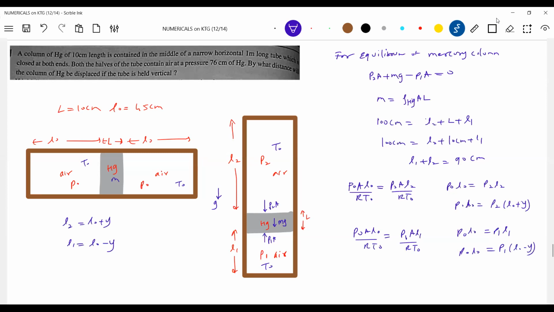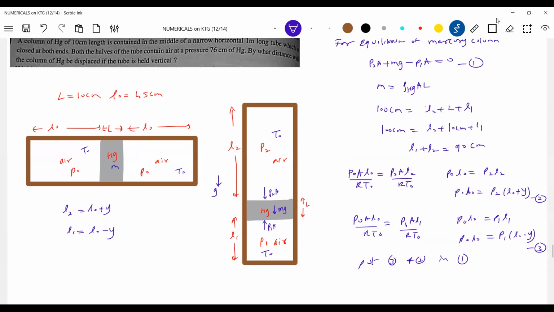Substituting P2 and P1 in the given equation, solving for that we'll get an expression for Y. So this is equation 1, this is 2, this is 3. Put 3 and 2 in 1.